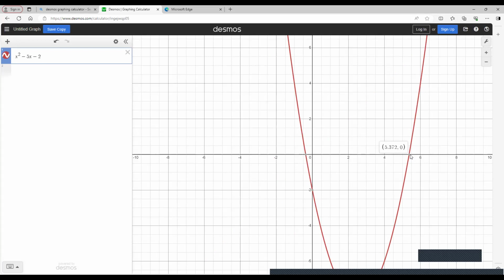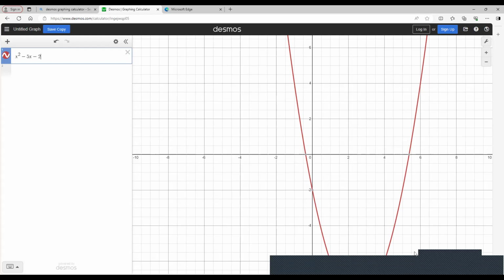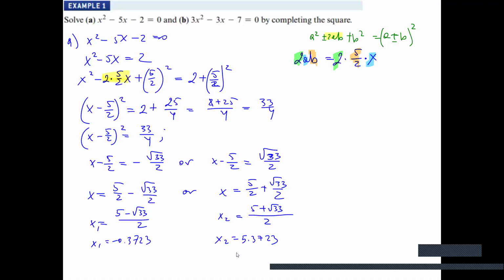Good? Okay. So the roots are calculated.